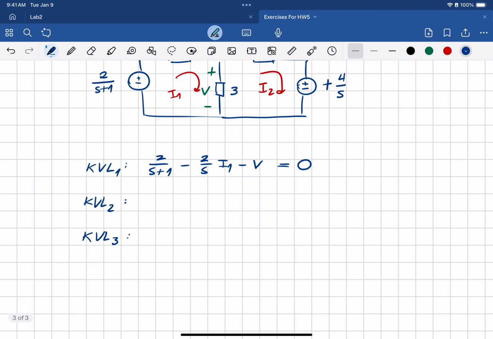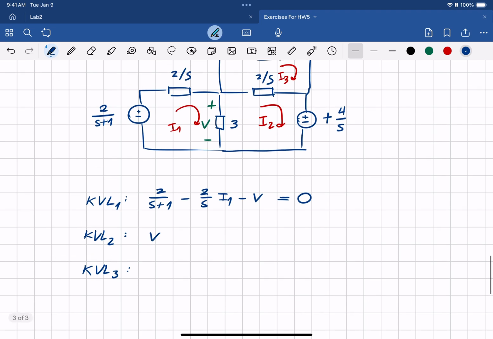Second one, it's going to be voltage, right? This voltage here minus the voltage drop at the capacitor here. So here we're going to have I2 minus I3 minus the source, 4 over s equals 0.